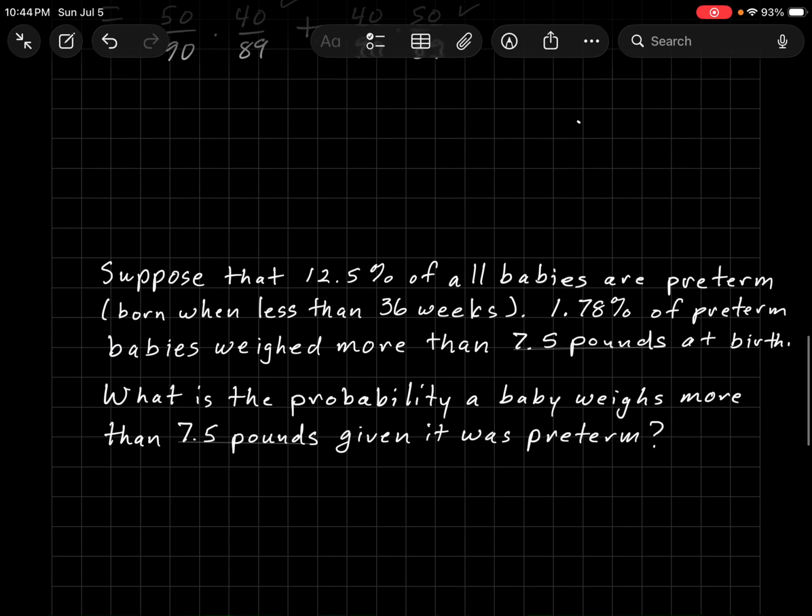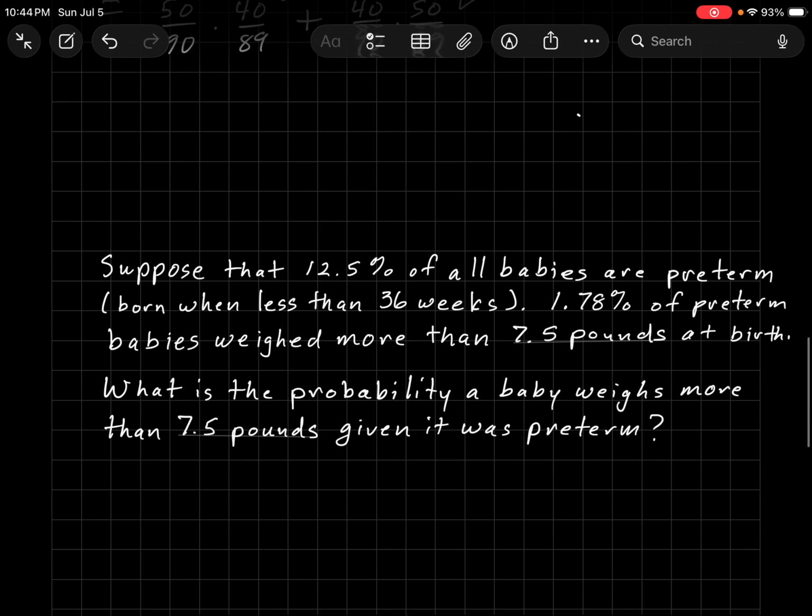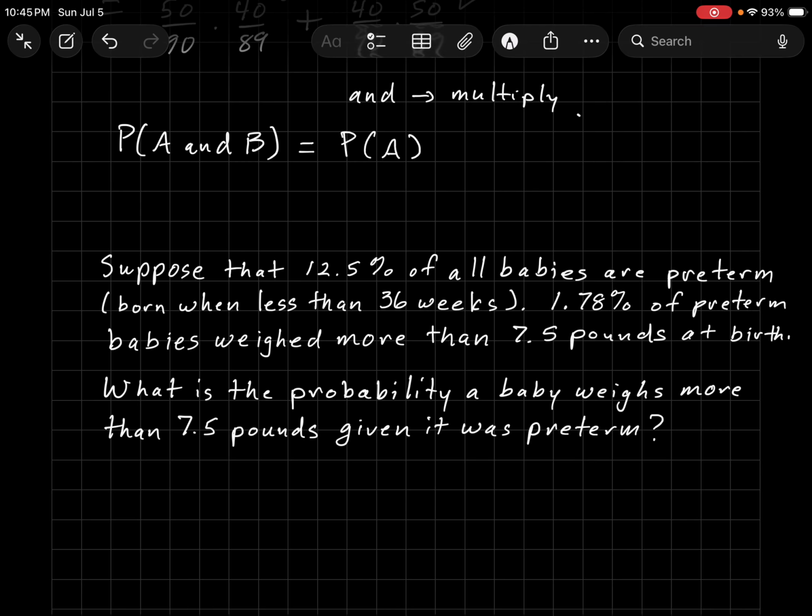Let's do a really formal problem. And before I do that, let's talk about the formula. So the probability of finding A and B, right? If you recall from earlier, and in probability means we're going to multiply. So the probability of A and B, both of these things occurring, two choices, two events, is the probability of A times the probability of B, right?